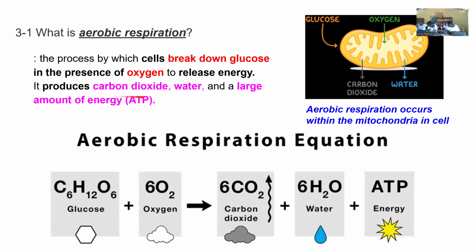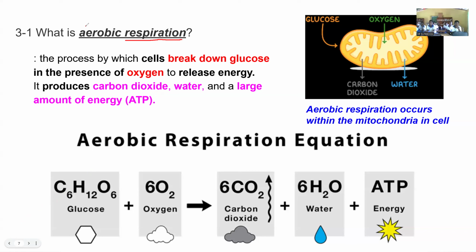And it produces carbon dioxide, water, and a large amount of energy as ATP. So the important part is that respiration, just the word respiration, is the process by which cells break down glucose to release energy.